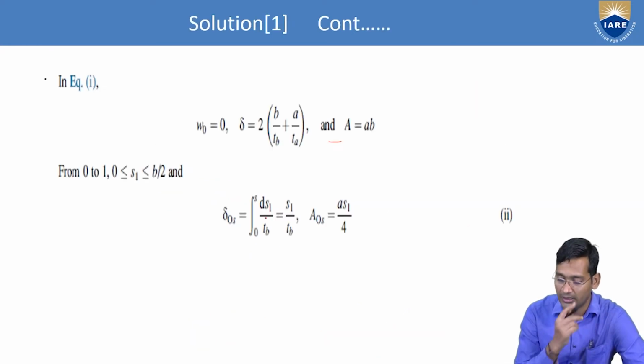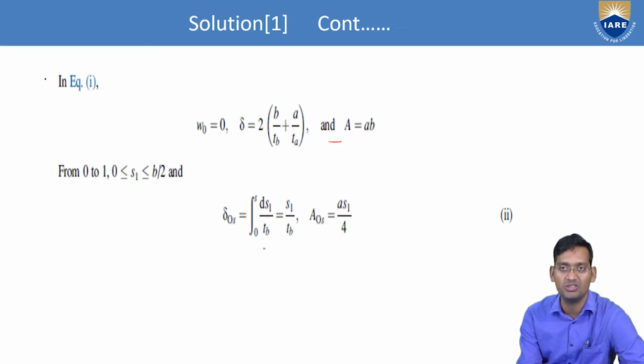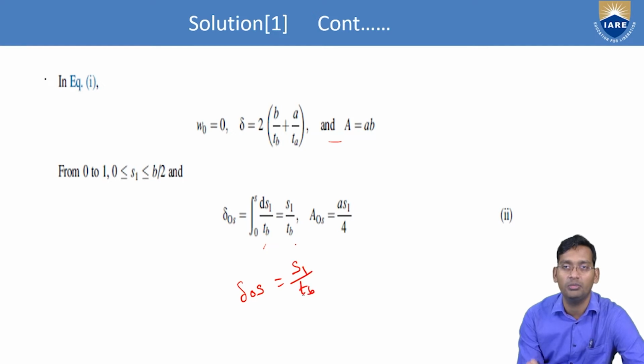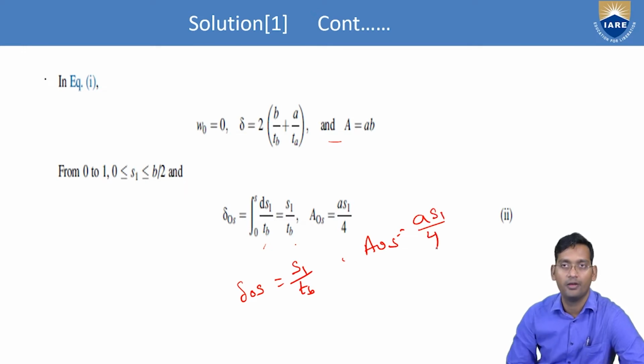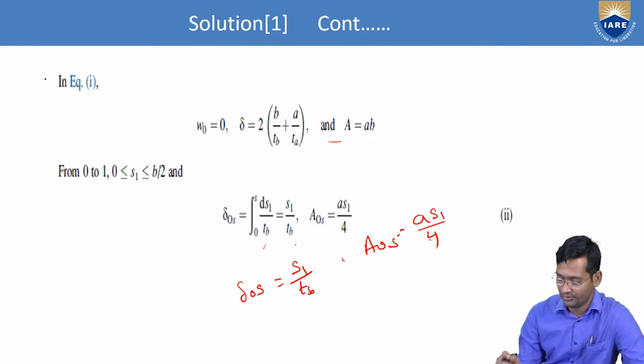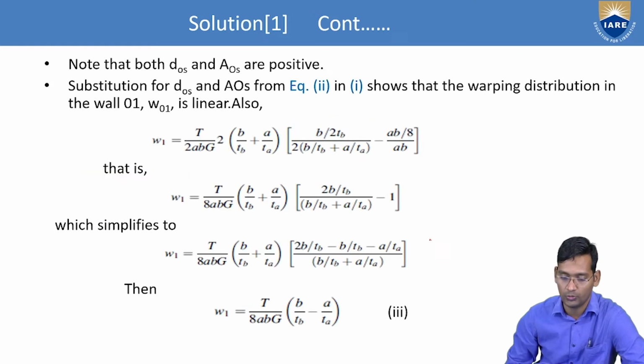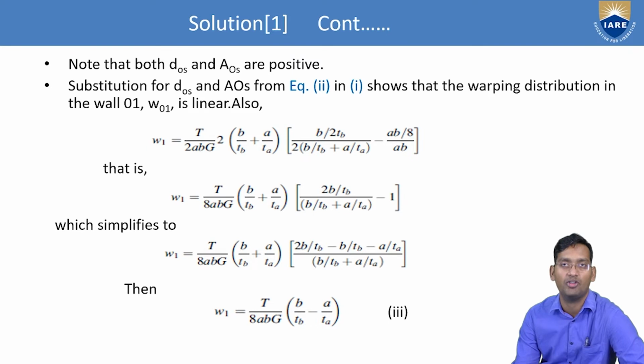So substitute ds by dt: after substituting ds1 by tb, the ds integration, because tb is constant, gives s1 by tb. So we get delta_OS equals s1 by tb. Similarly, A_OS will equal A s1 by 4. Note that DOS and AOS are positive.